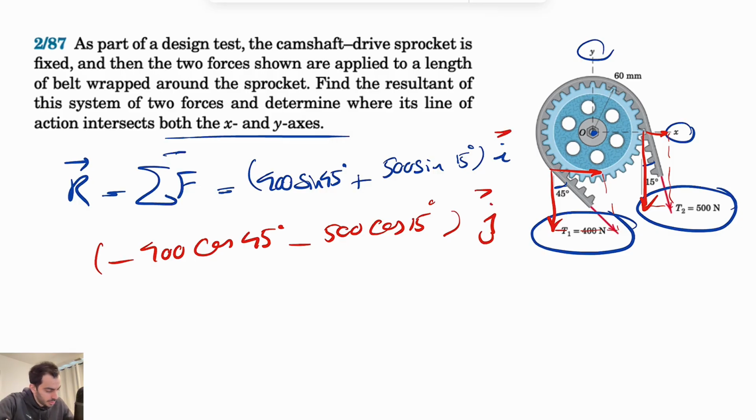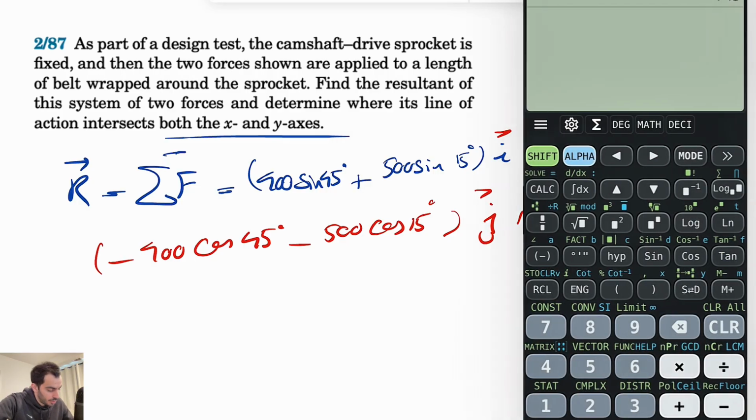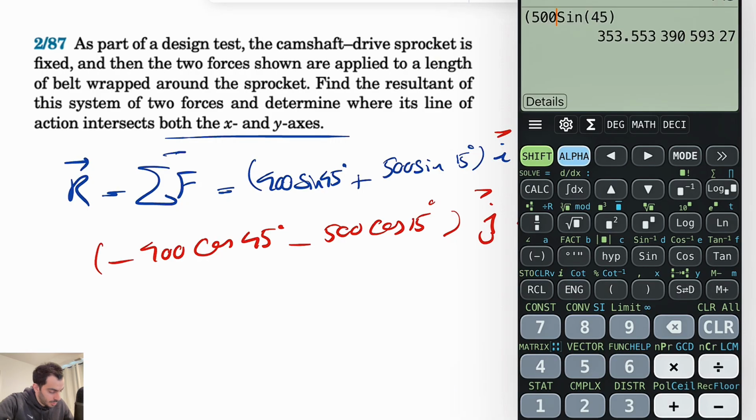Let's calculate this pretty quick. 400 sine of 45 plus 500 sine of 15 gives 412.